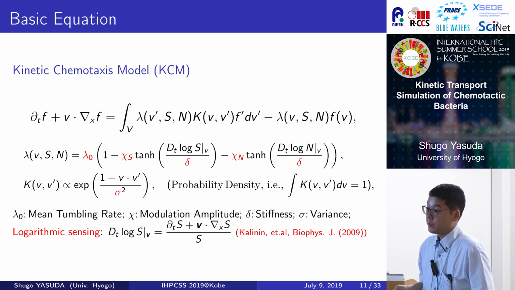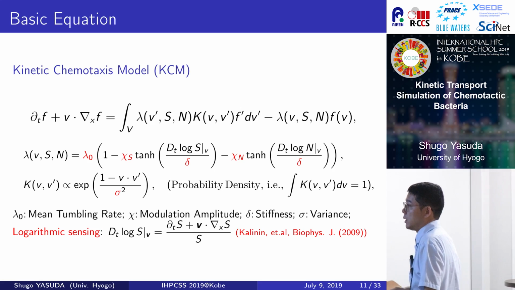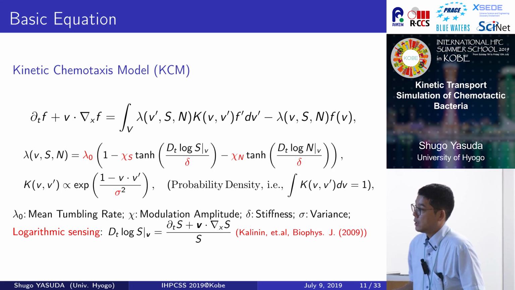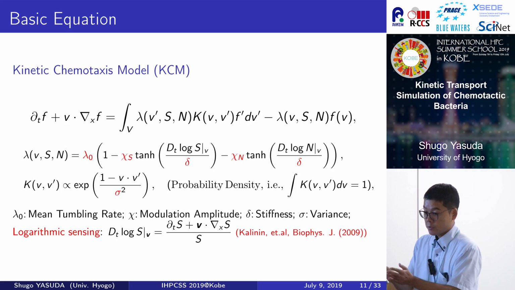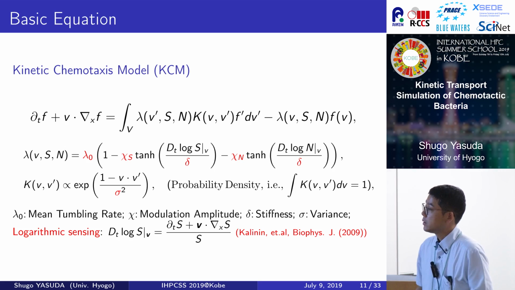And delta describes the stiffness of the response. And in the K function, we have the variance sigma. Sigma describes the variance of the change of moving directions.